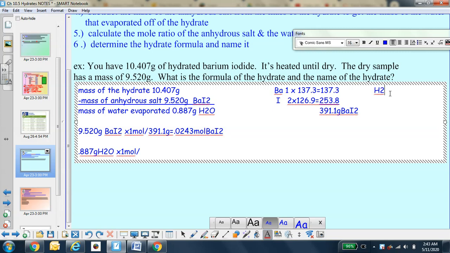We have 2 hydrogens, and the atomic mass of hydrogen from the periodic table is 1.0. Times 2 is 2. And we have 1 oxygen, and its mass is 16.0.